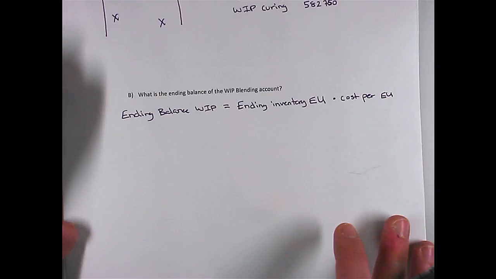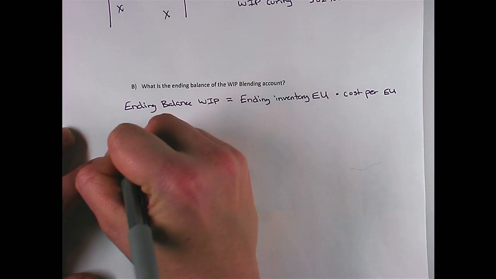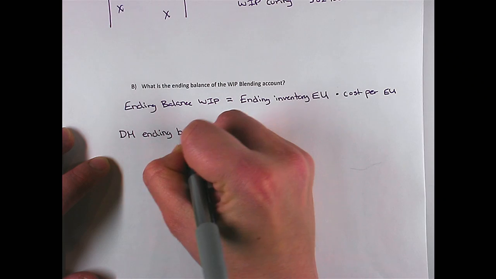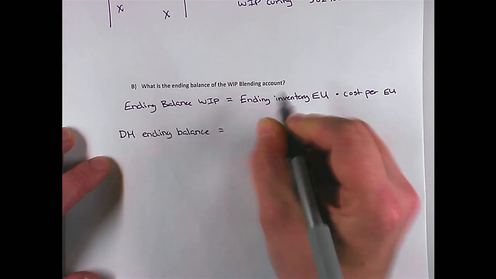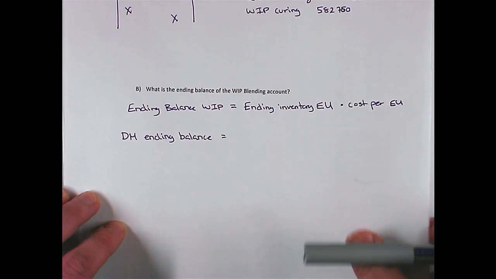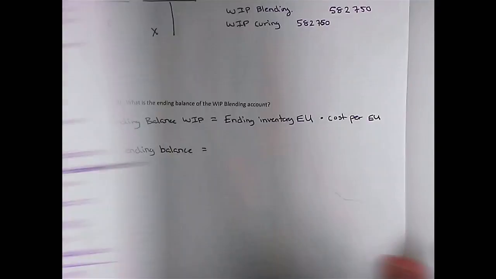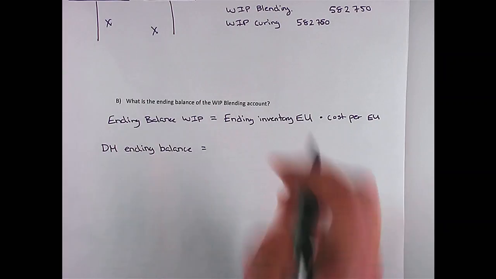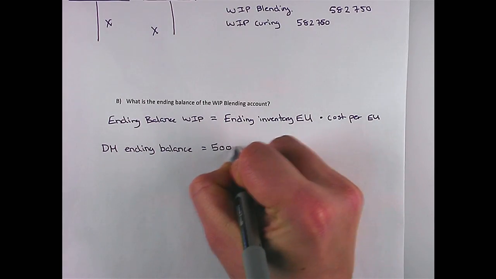So whenever we're looking at our ending balance, we have that equation written out there already. So for our direct materials ending balance, we want that number of equivalent units. And so if we go back to what we did in A, because it's 100% complete and there's 50,000 left in inventory, it's going to be that 50,000.